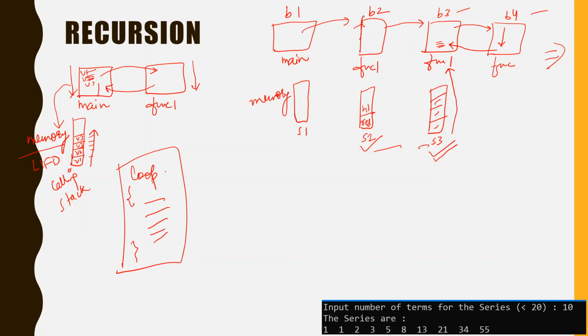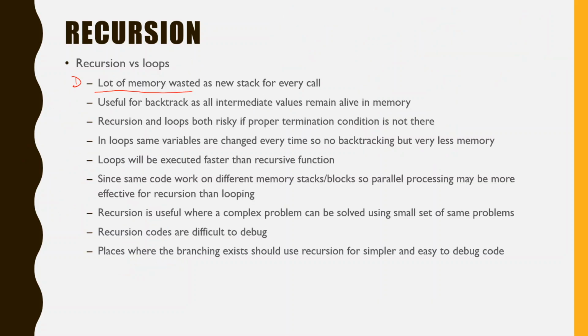So whenever you are in great deficiency of memory, we should not use recursion, we should use a loop. I'm writing whether it is a disadvantage or advantage of recursion. The advantage of recursion is that it is useful for backtracking, as all the intermediate values remain alive in memory. So memory is stacked here.